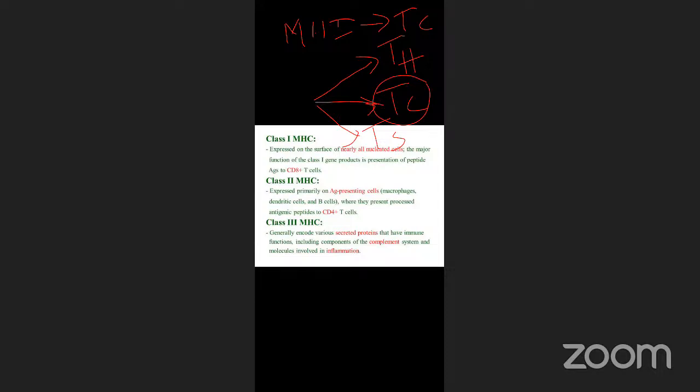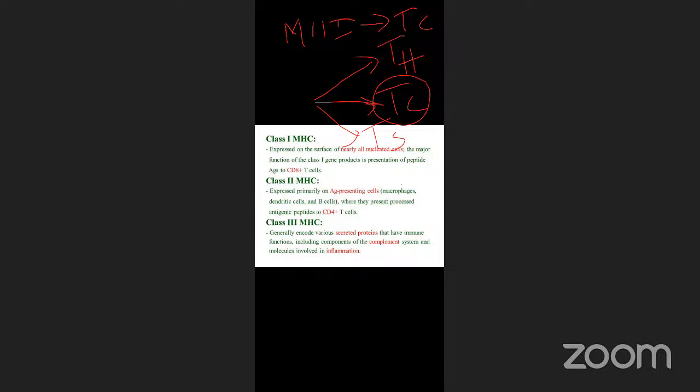These cells collect the antigens, process them, and present them with the help of MHC molecule 2. This MHC molecule 2 is a surface receptor and always binds with the CD4 marker on the TH cell.